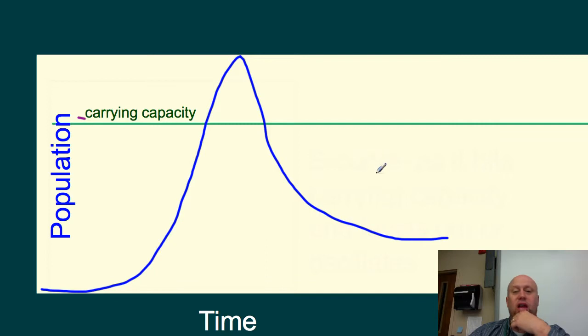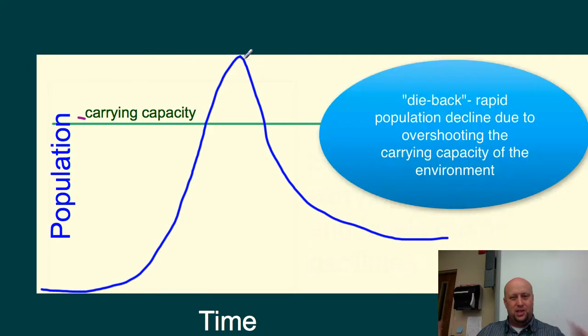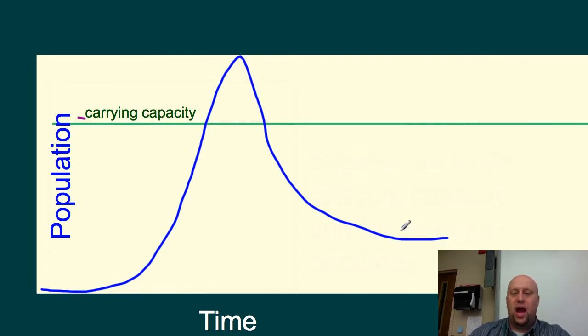This is what we call a dieback. When you get to that point where the population increases really rapidly and then all of a sudden the food sources run out, or there are so many of them that diseases, remember population density, diseases can spread more easily, disease starts to wipe out a vast amount of them, and then you get a dieback, a really rapid decline in the population where it goes back down.